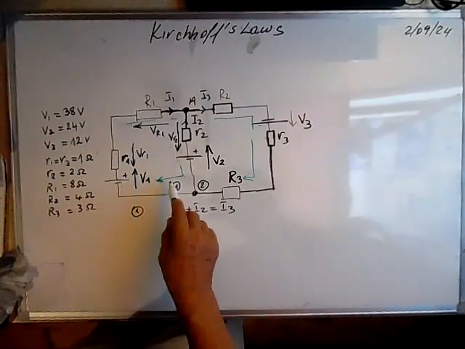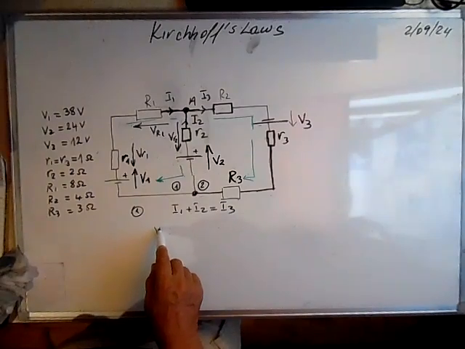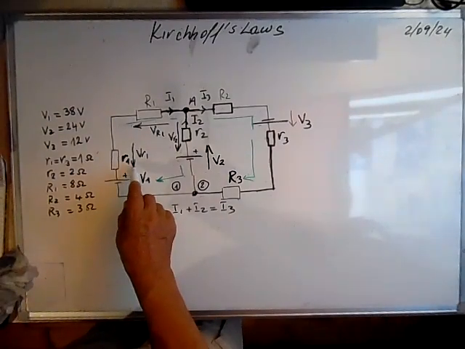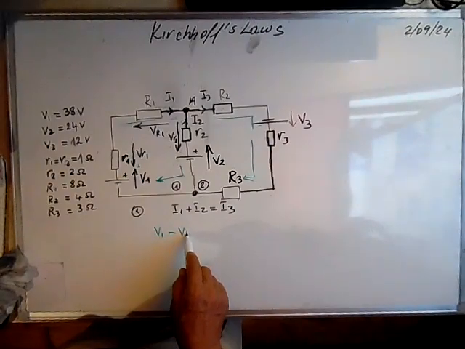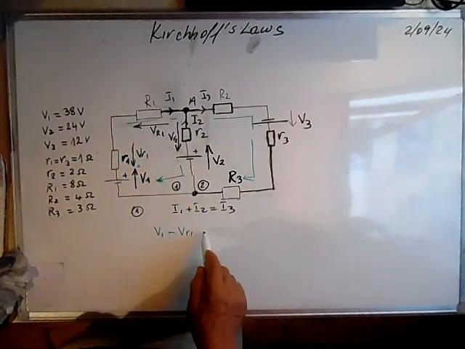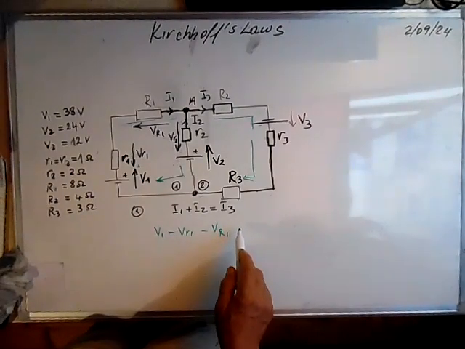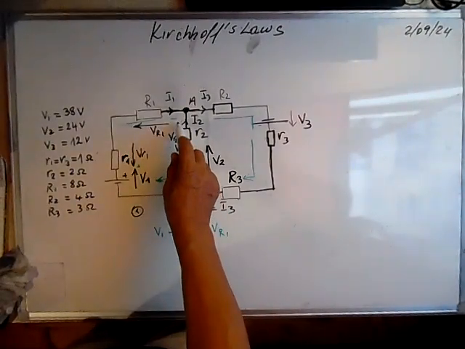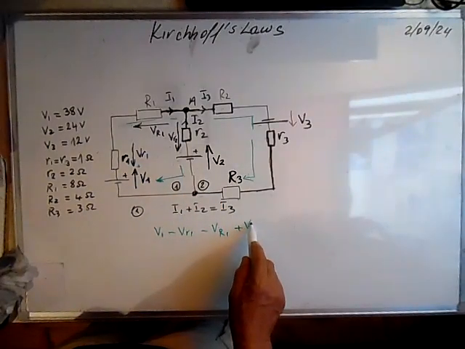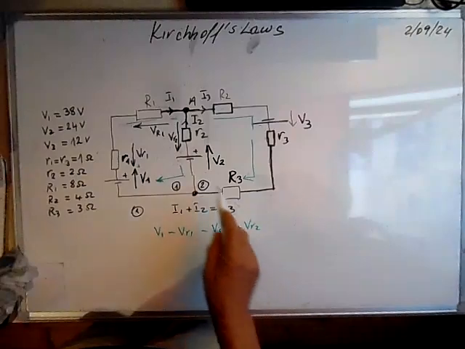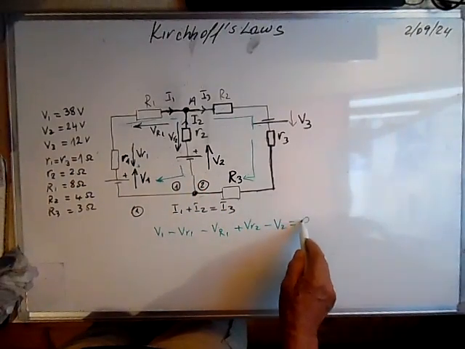Here we go from minus to plus, so we write plus V1. Here from plus to minus, we write minus VR1, and here we go from minus to plus, we write plus VR2, and here from plus to minus we write minus V2 is equal to 0.